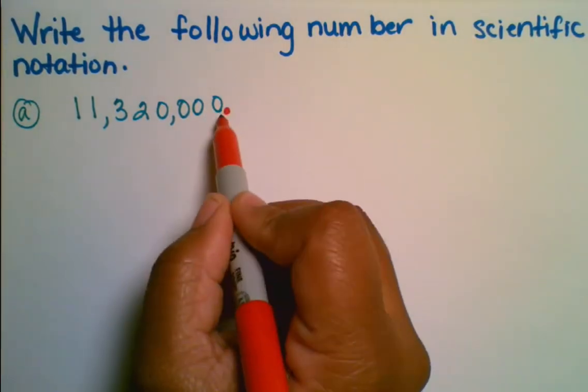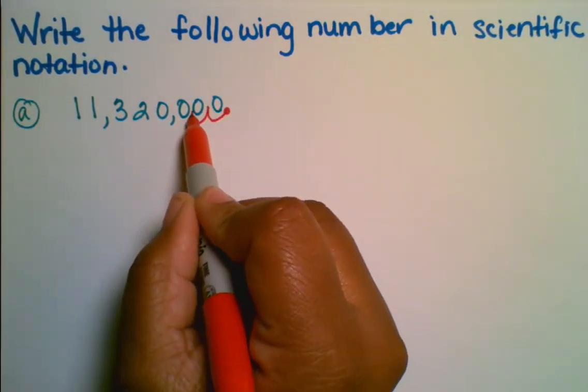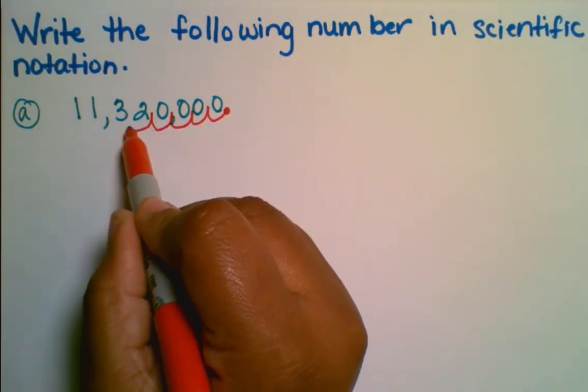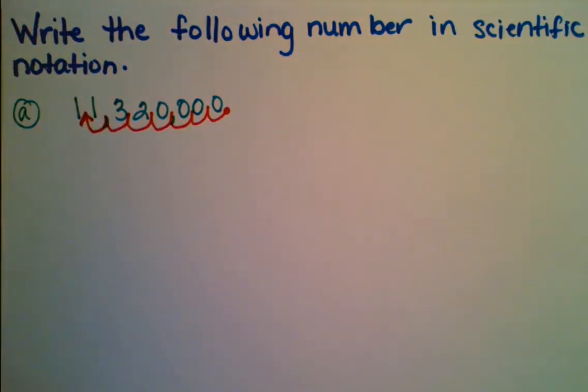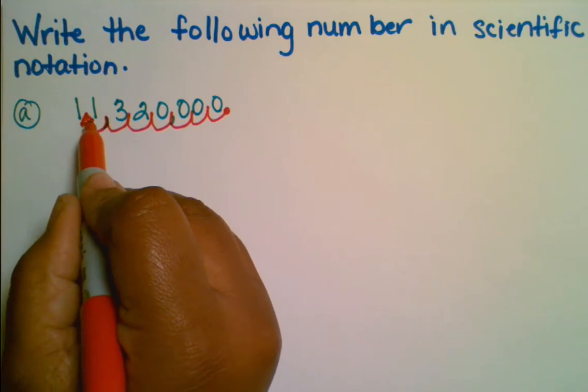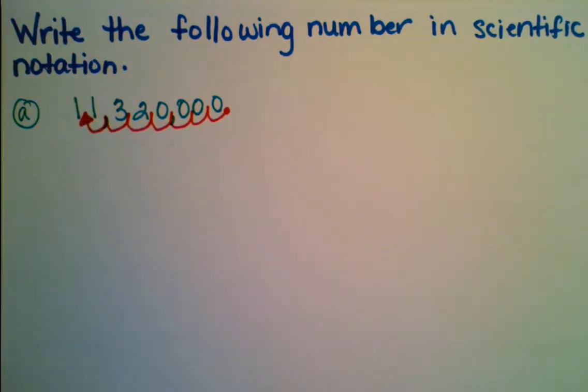So let's count over. 1, 2, 3, 4, 5, 6, 7. This arrow here that I'm drawing indicates where we're going to place our new decimal point. And that gives us 1.132, and 1.132 is between 1 and 10.